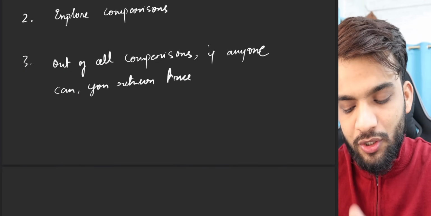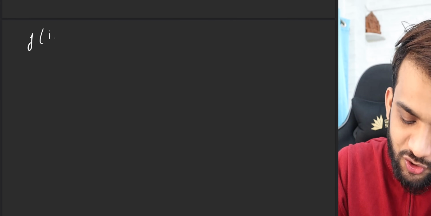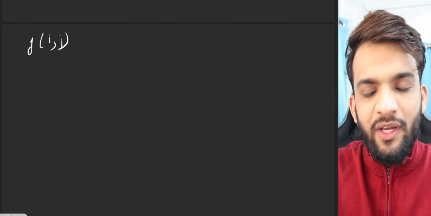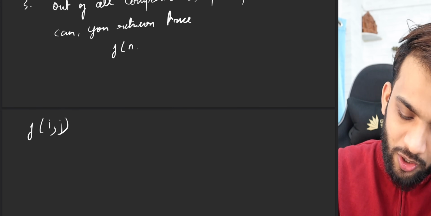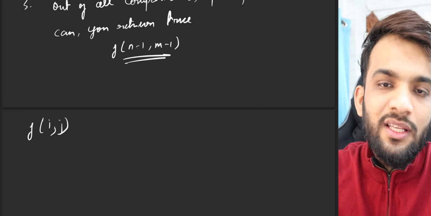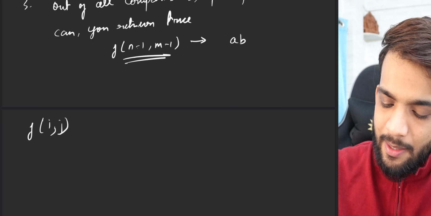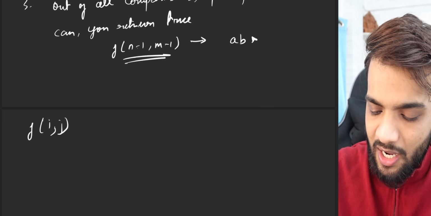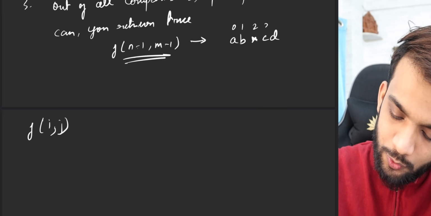So, how do you actually solve this problem? Let's analyze f of i, j. But we need to figure out what is f of i, j. Let's see, what if I write n minus 1 and m minus 1? What does this signify? If the string is AB star CD, the indices are 0, 1, 2, 3, 4.